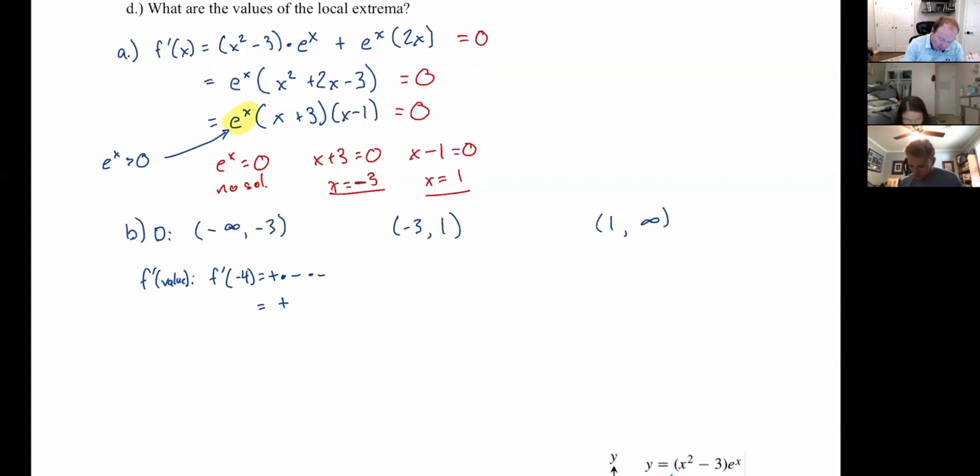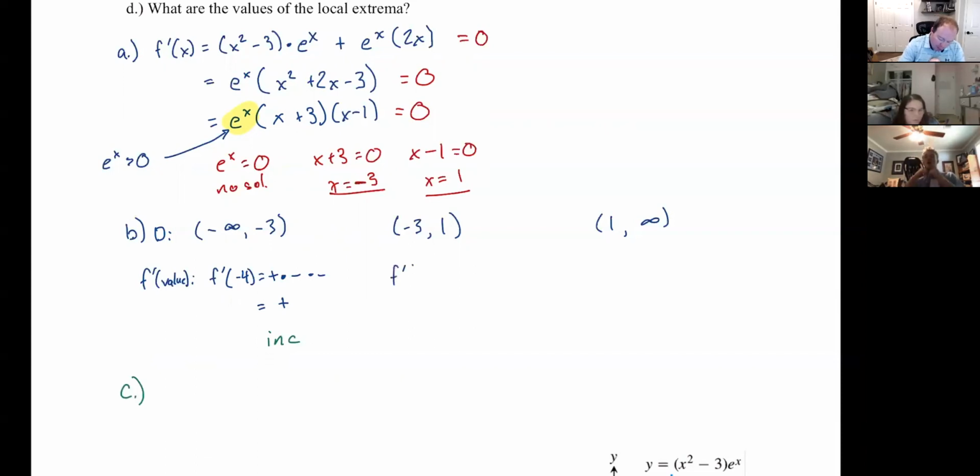So this tells us it's going to be increasing. Oh, we're not quite answering C. C is asking for the actual location. So we just know we're increasing right here. C will ask for the actual extrema.